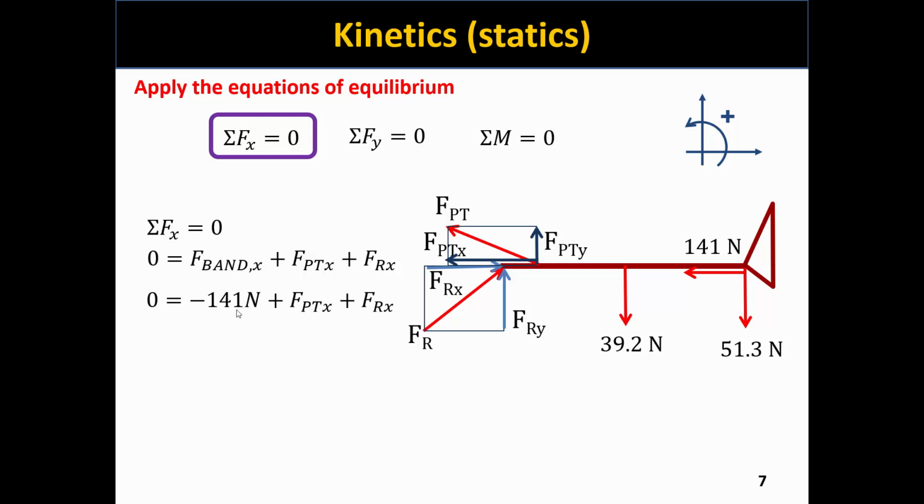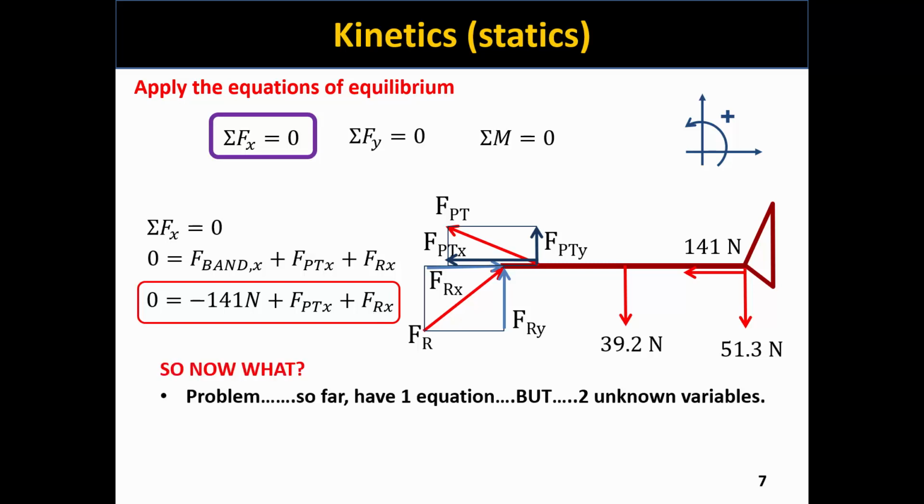And so the only data that I have so far is the horizontal component for the elastic band at 141 newtons, but it's negative. So here's where I bring in the negative sign. I'm going to add that to the X component of the patellar tendon and the reaction force. So this gives us our first equation of our equilibrium step.